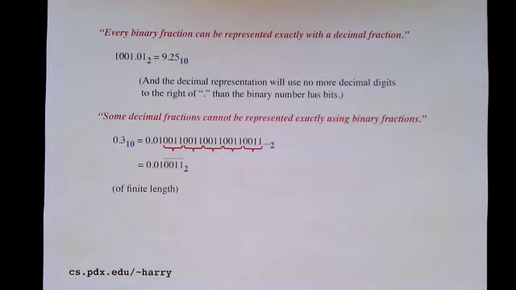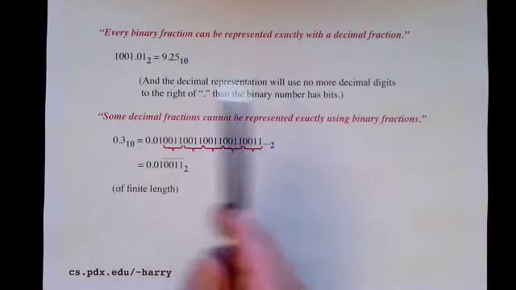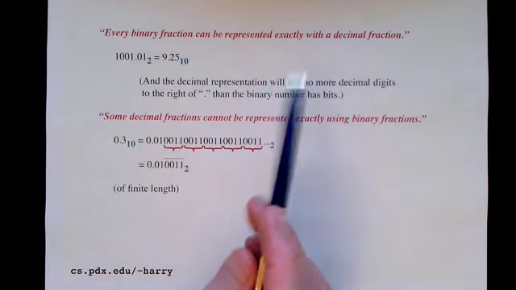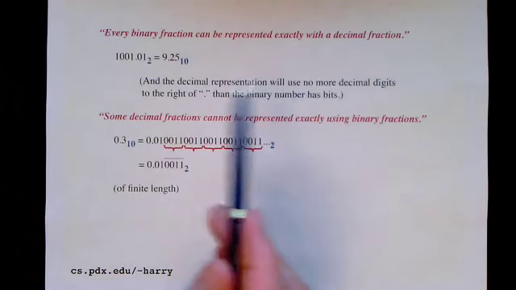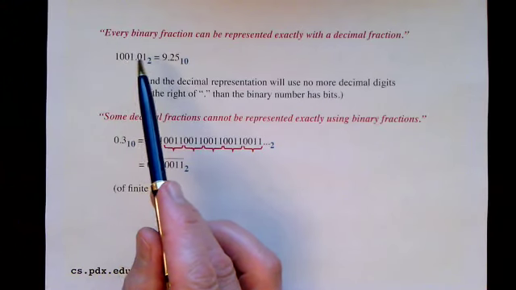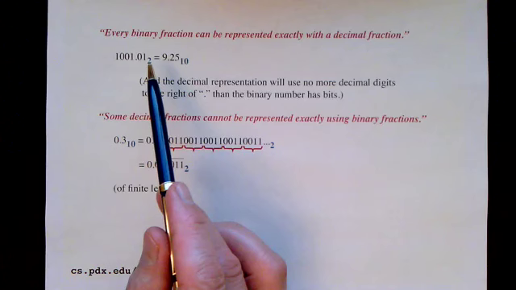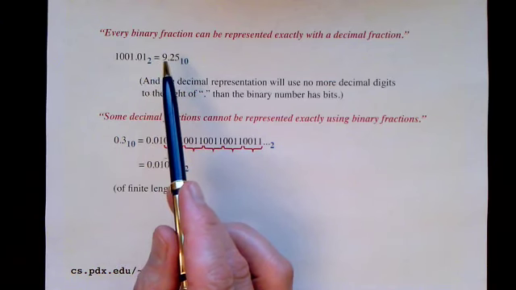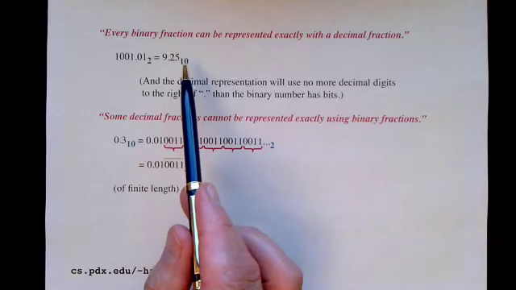It turns out that every binary fraction can be represented exactly with a decimal fraction. Here's an example. 1001.01 in binary is the same number as 9.25 in decimal.